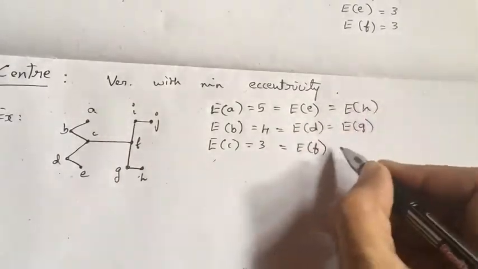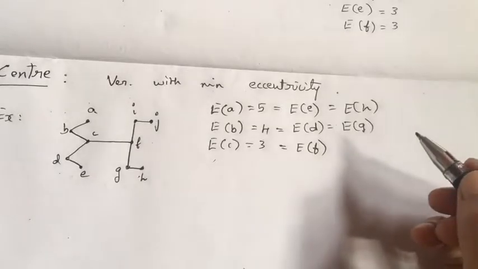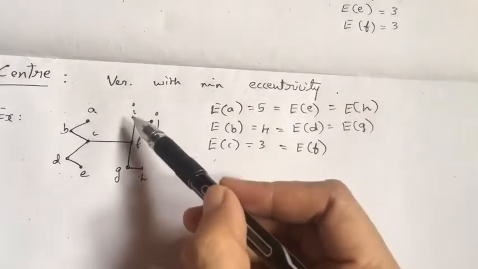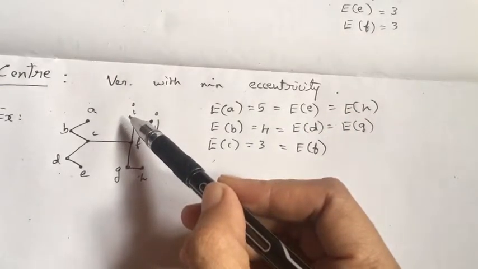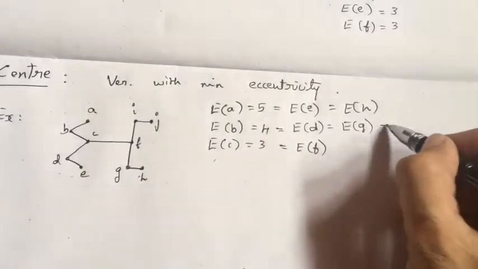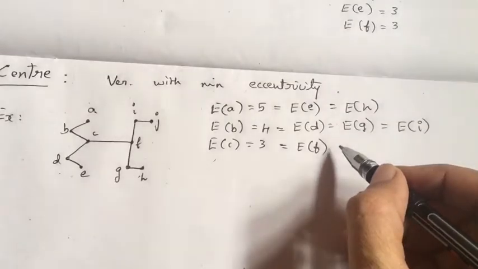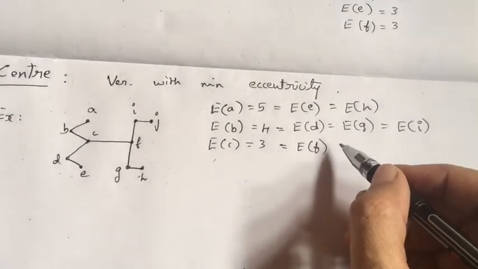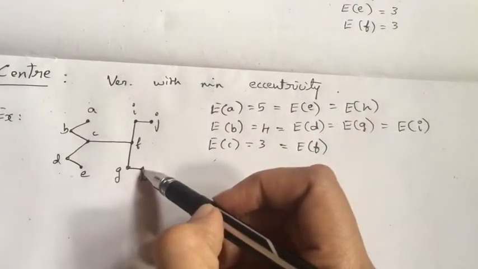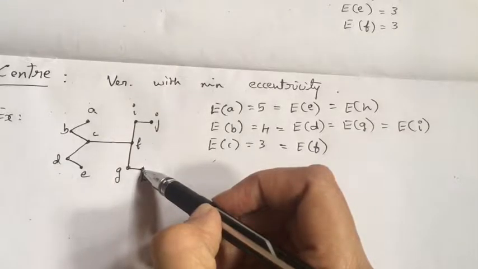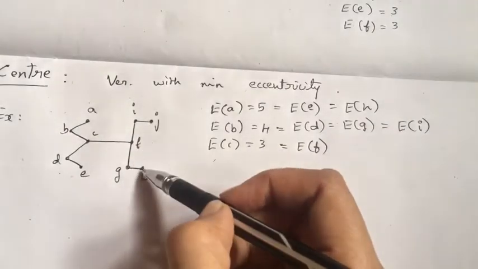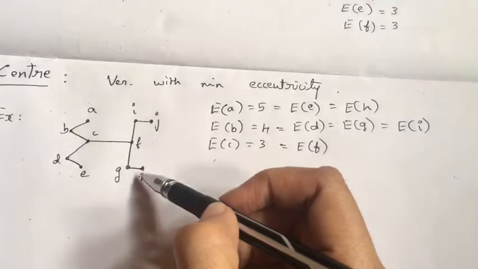Eccentricity of H is again 5. I and J have the same eccentricity, which is 4. Then eccentricity of J and H, yes, it is 5.